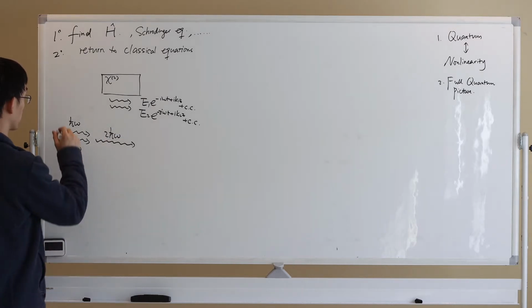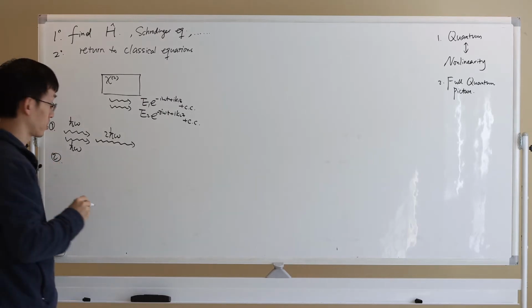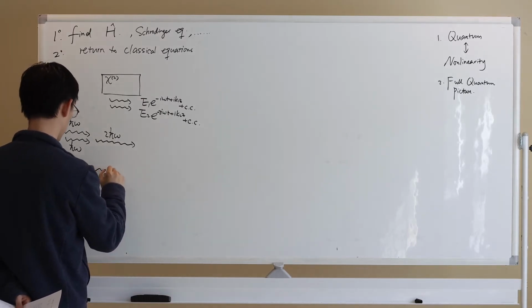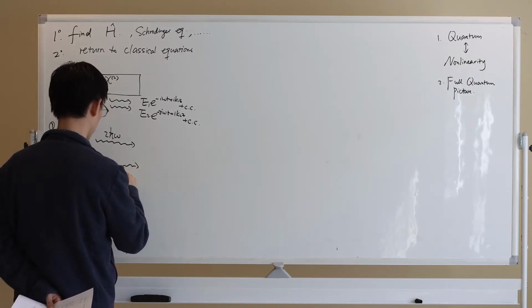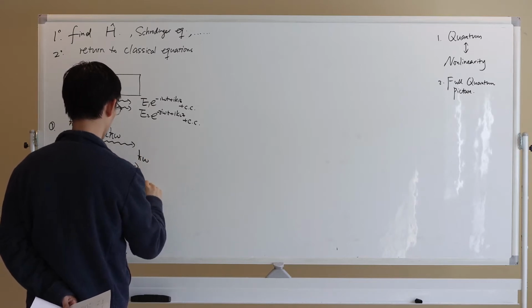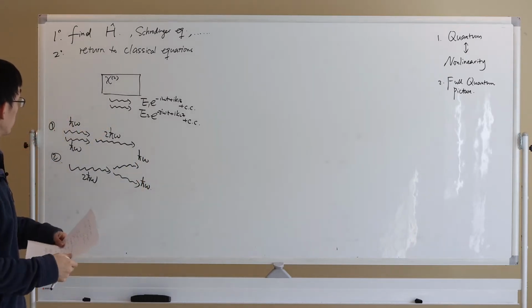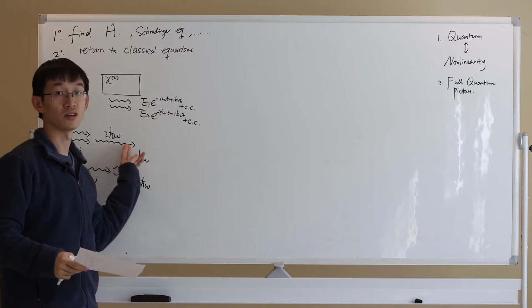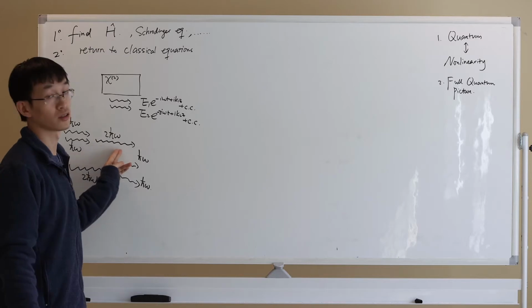This is one process. The second process is the reverse: you have 2 h bar omega, and it splits into two photons of h bar omega. If the first process is dominating, then in the classical way we say you're doing harmonic generation.